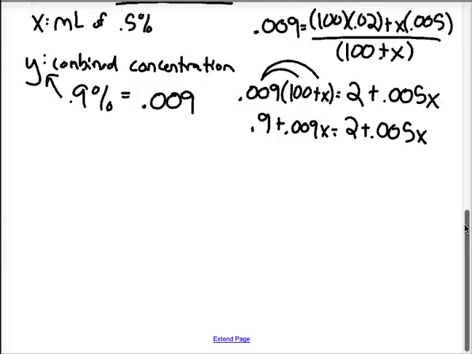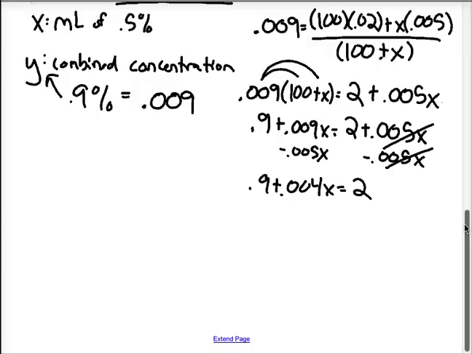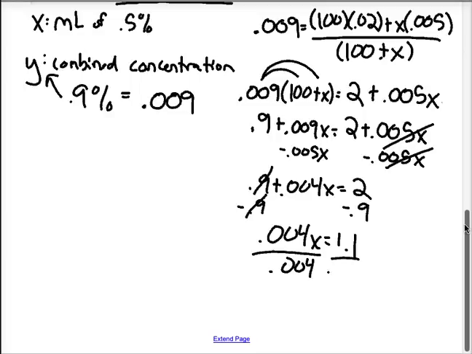All I need to do is subtract off 0.005x from both sides. I need to combine my x terms. Then I'm going to subtract off my 0.9 from both sides. 2 minus 0.9 gives me 1.1. And now divide by 0.004.